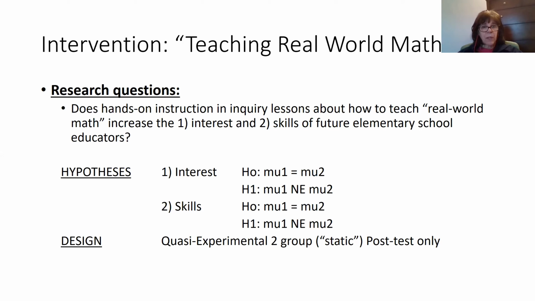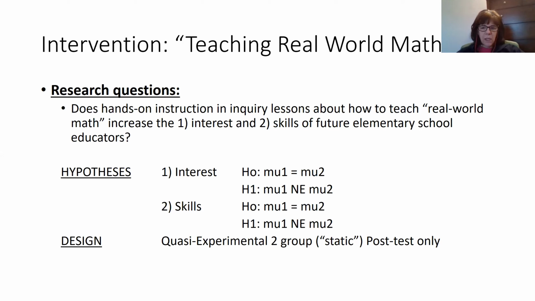Their research questions: the design depends on the research questions, but it doesn't really know about randomization. Does hands-on instruction in inquiry lessons about how to teach real-world math increase the interest and the skills of future elementary school teachers?